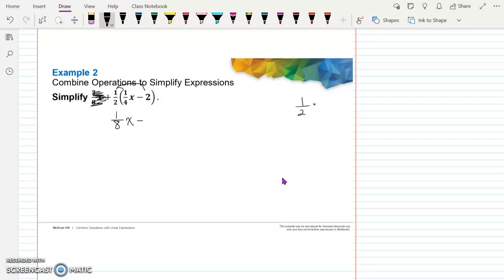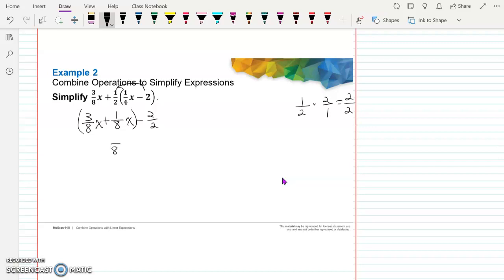1/2 times 2, let's make that a fraction. So that's going to be 2 over 2. And then we'll go ahead and put that 3/8x back in there. Now let's add these two together because they're like terms. Fortunately, we already have a common denominator.